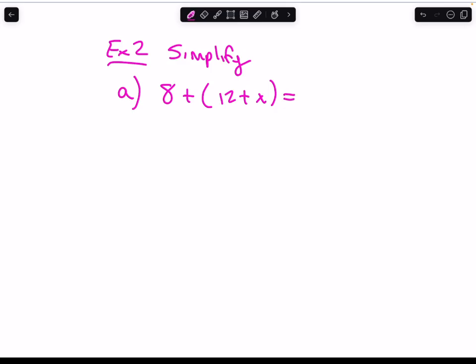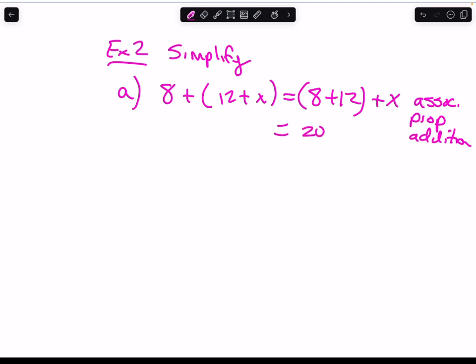The first thing we can do is reassociate and change that to 8 plus 12, plus x, using the associative property of addition. Then we can evaluate what's inside the parentheses. 8 plus 12 is 20, plus x.